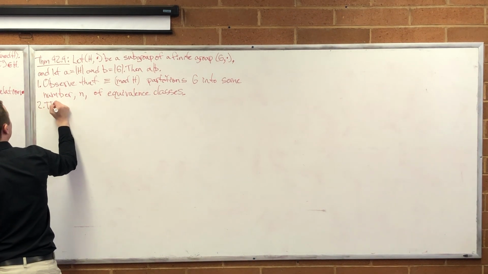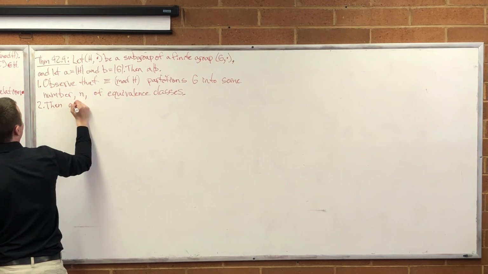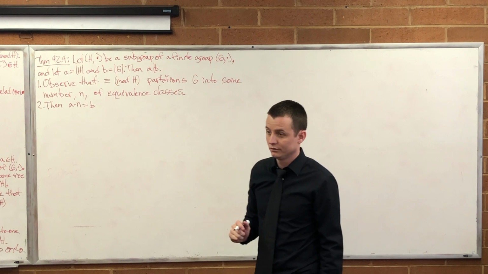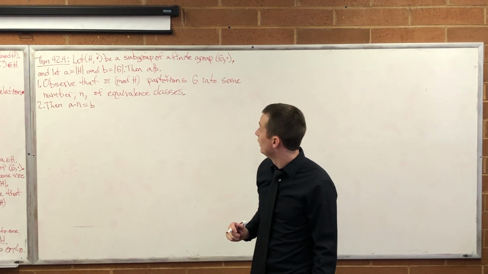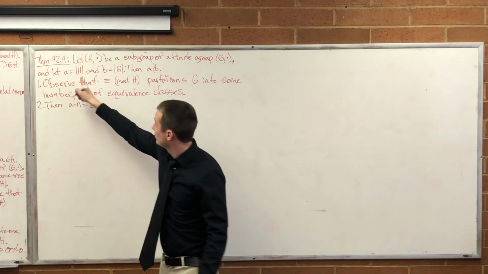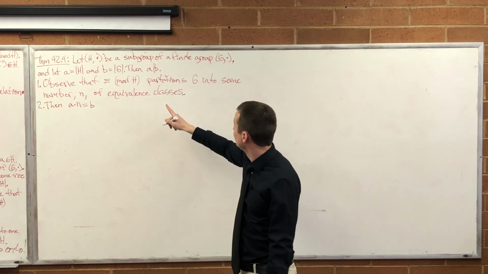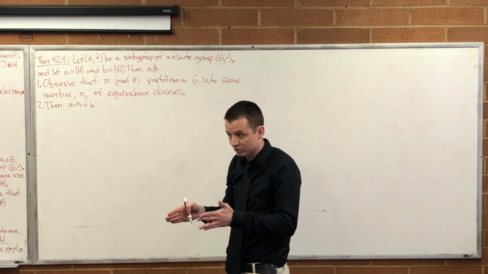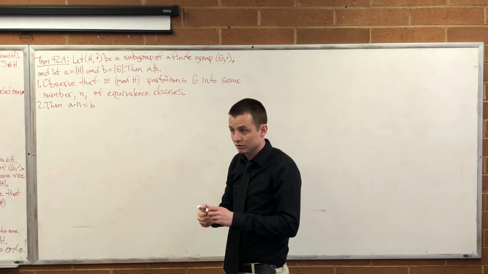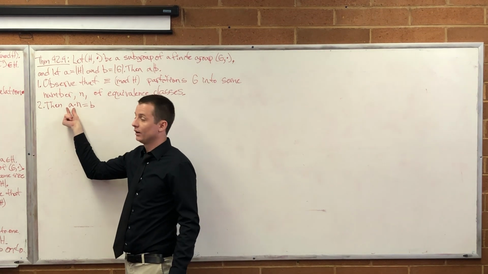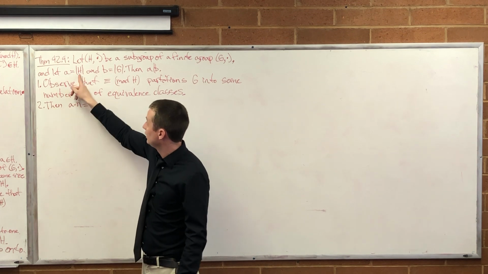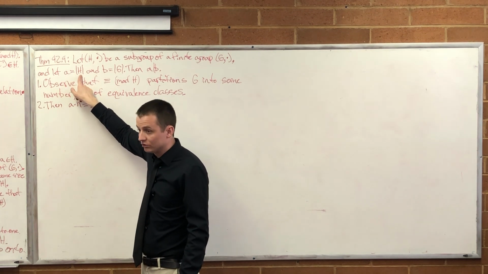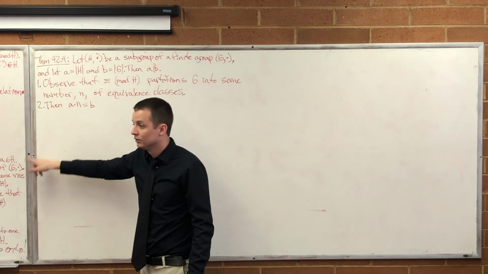2. Then a times n is equal to b, right? A is the size of H. Every equivalence class is of size A, the same size as H. That's what we just proved over here.